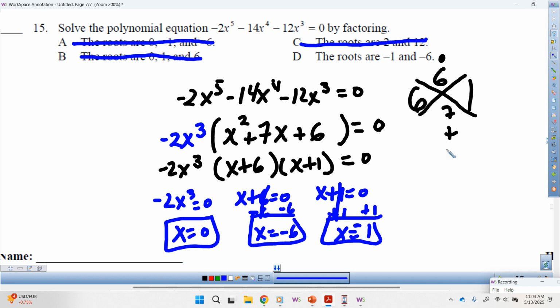This is negative 1. I did that on purpose, to see if you were paying attention. So the correct answer is A. Pretty straightforward. Once again, for factoring, you start with GCF, then you factor the trinomial, set them equal to 0, and solve. And then just match your answer.